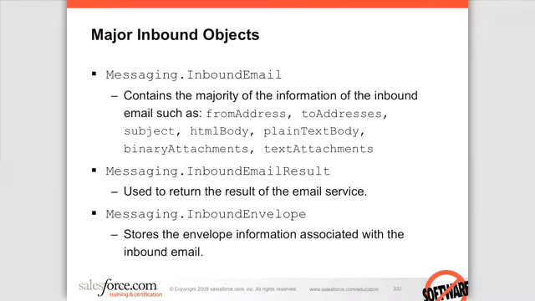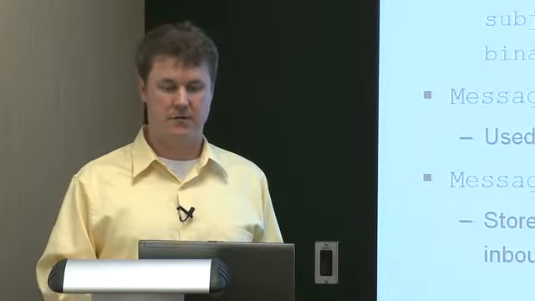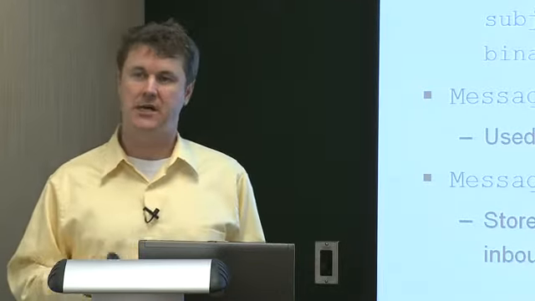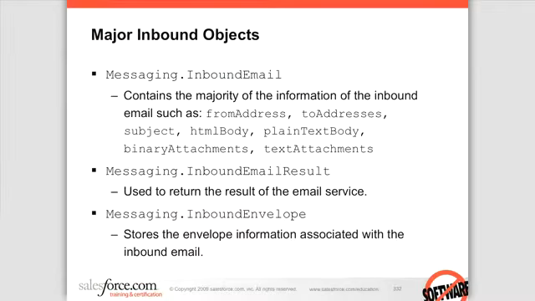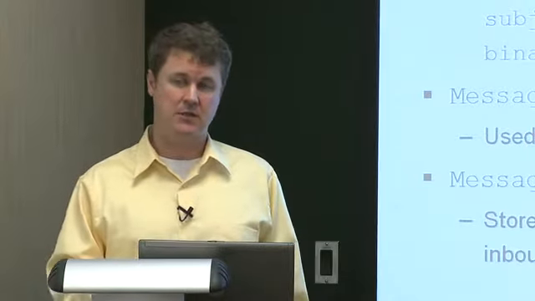In the code that we're going to generate, we're going to receive two things as a part of the method that's going to be called: the inbound email, and the inbound envelope. The inbound email is going to contain things like, you'll be able to call getter methods that will return: who sent this?